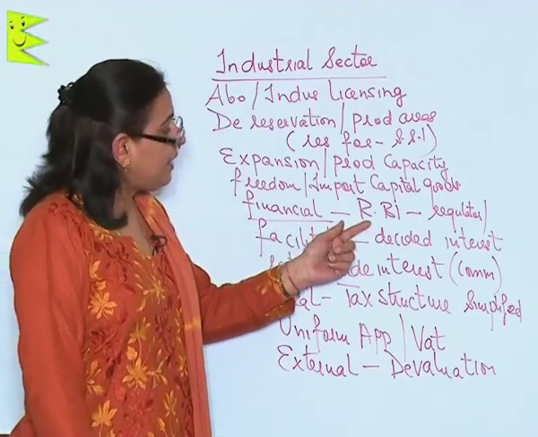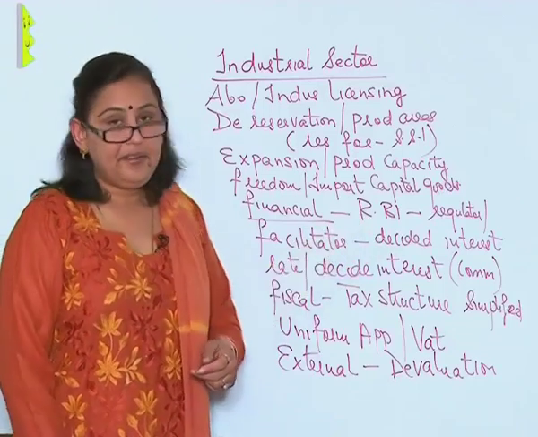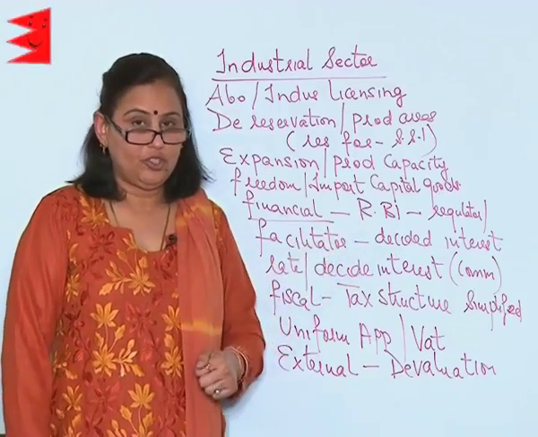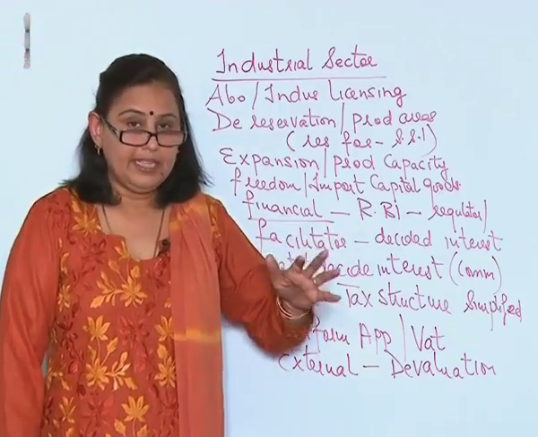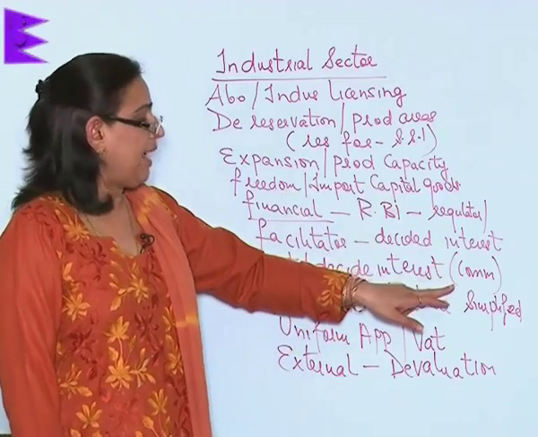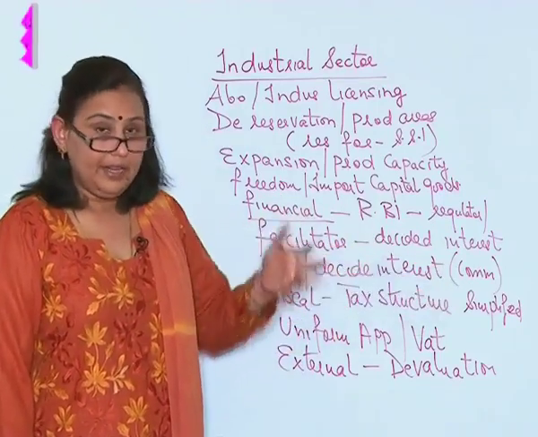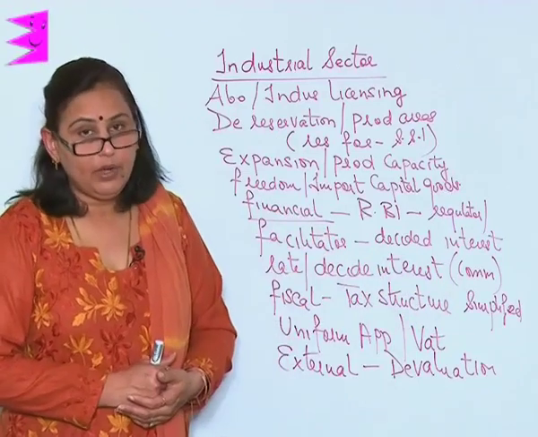Earlier, the RBI used to decide the interest rate that had to be charged, but now it is left free to the commercial banks to decide any rate of interest that they would like to levy.